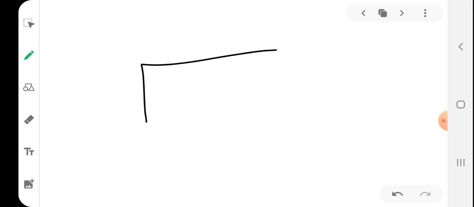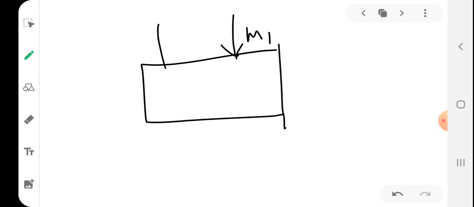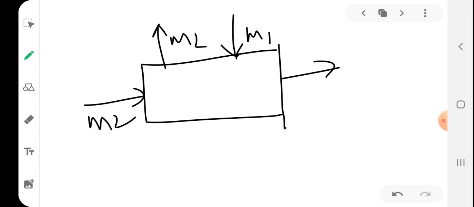So the flash intercooler is this one. M1 dot is entering here and outgoing from here.